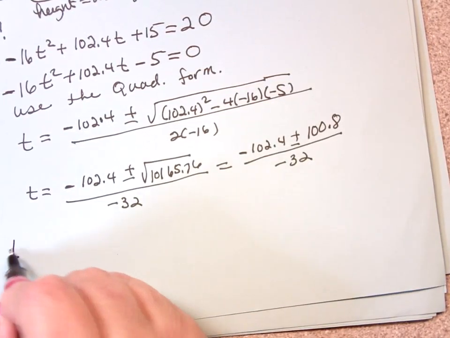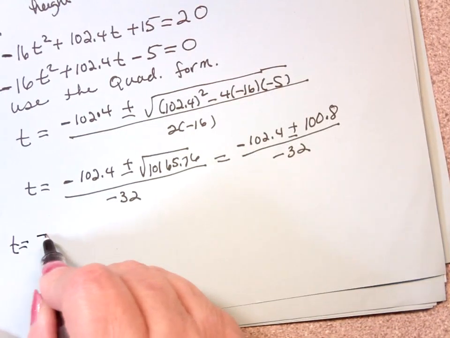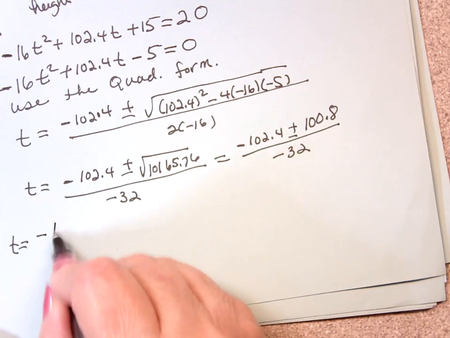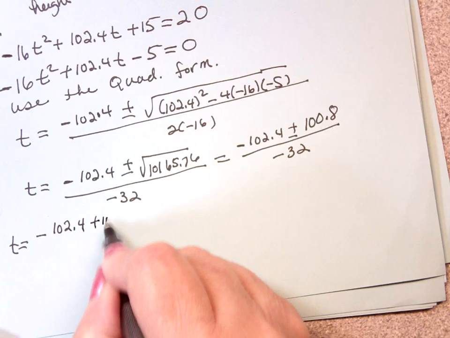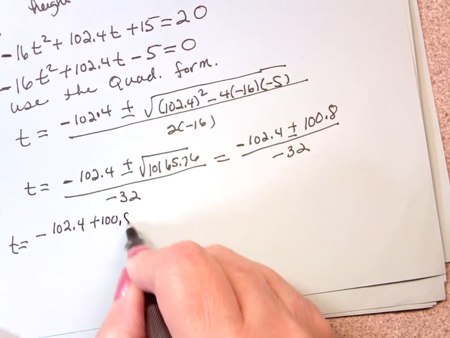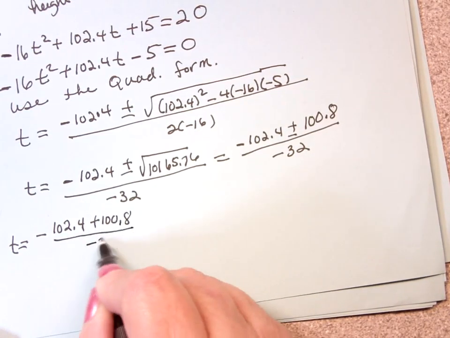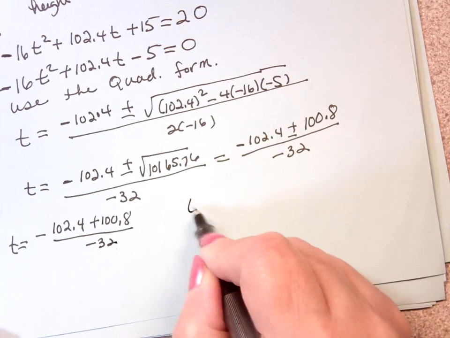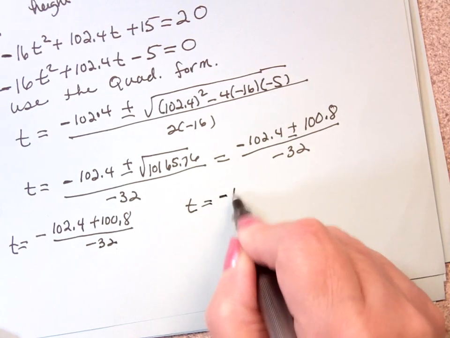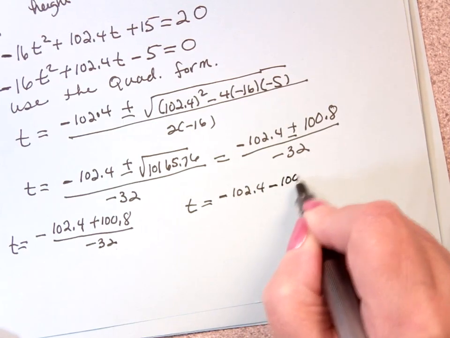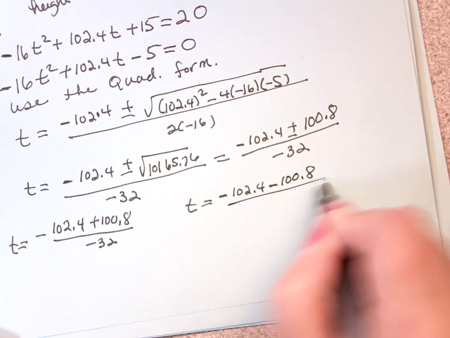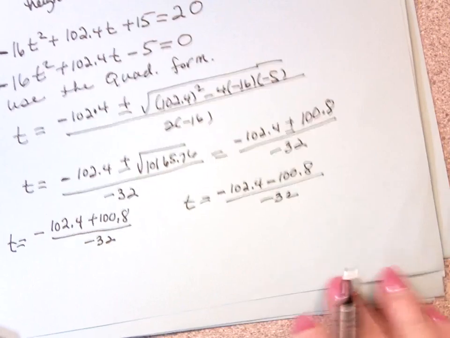So t is minus 102.4 plus 102.4 over negative 32. T is negative 102.4 minus 102.4 over negative 32.